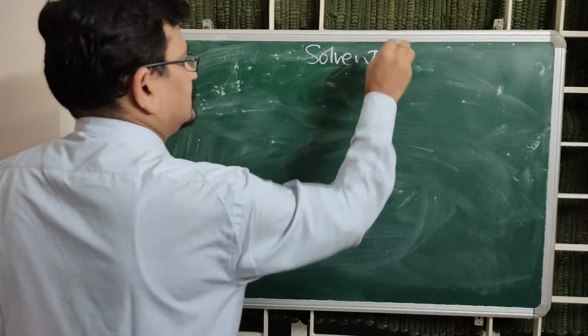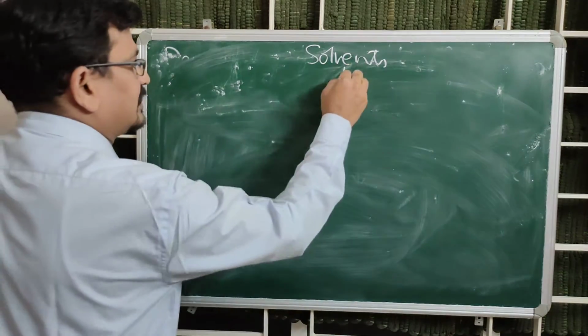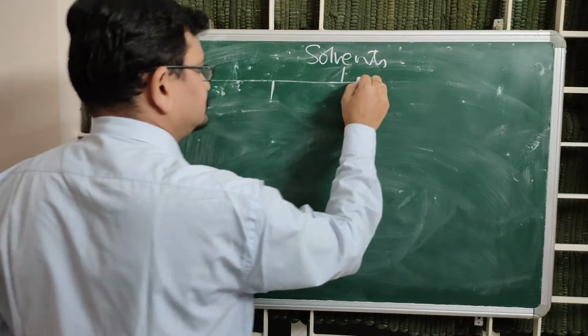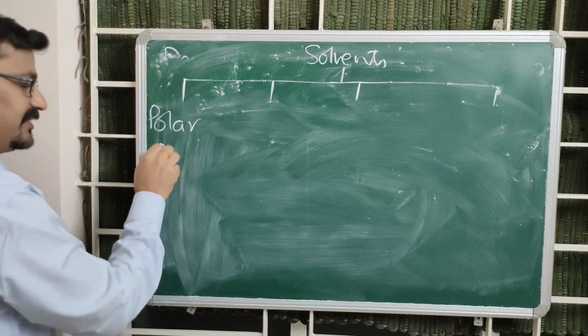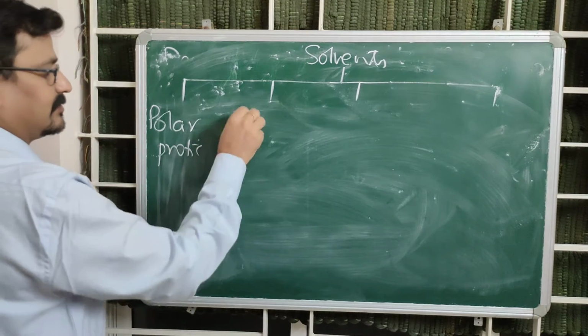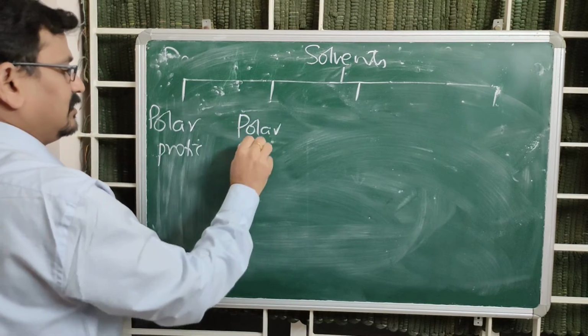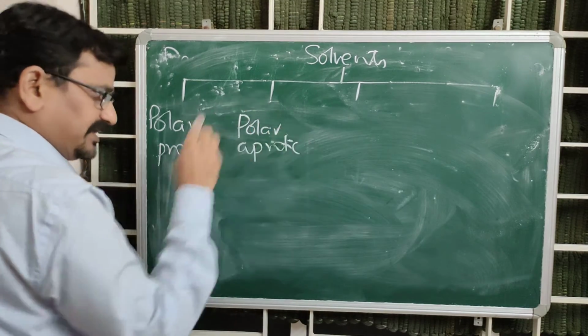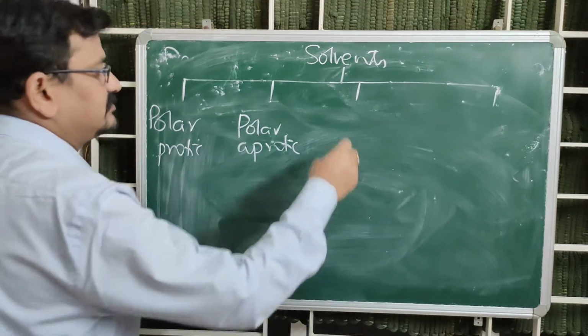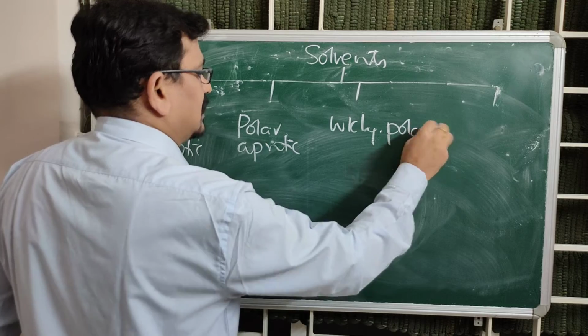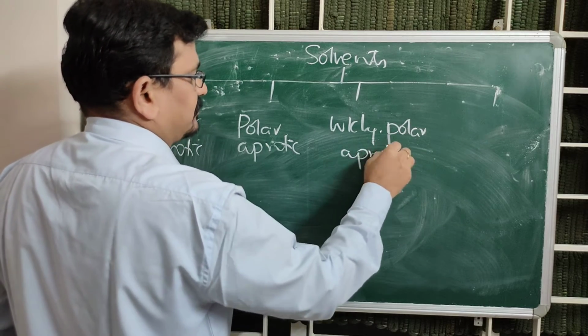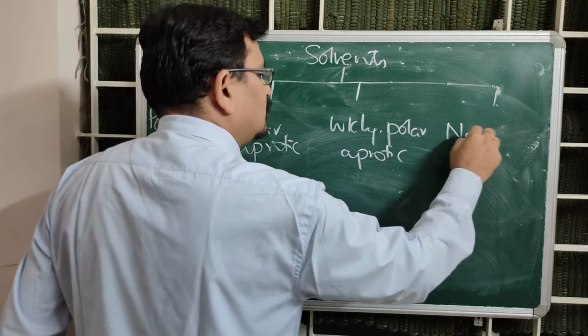Basically, solvents are classified into 4 categories, namely polar protic, polar aprotic, weakly polar aprotic and non-polar solvents.